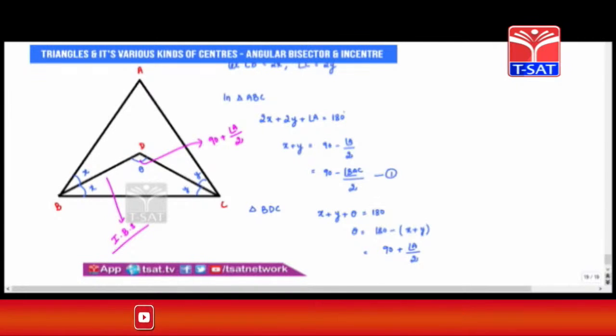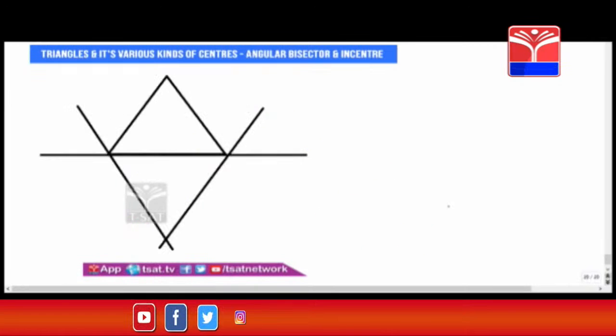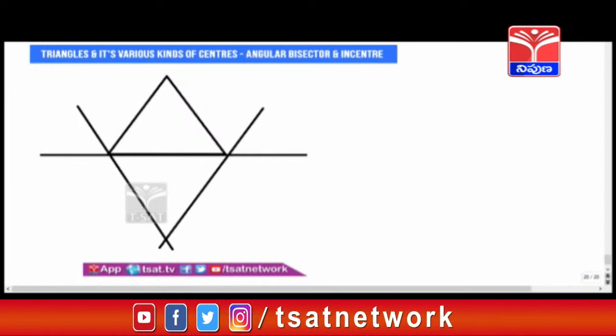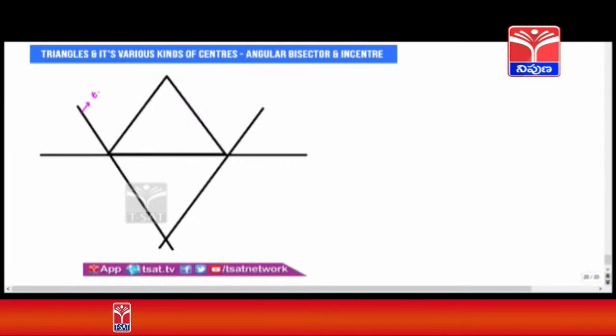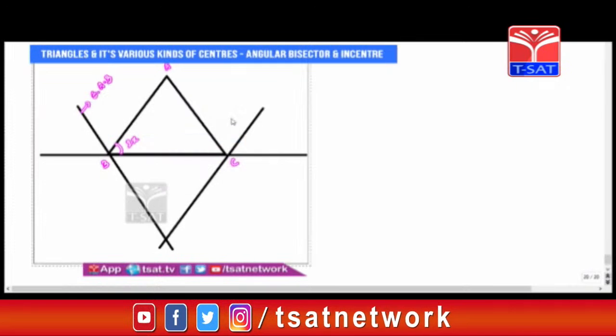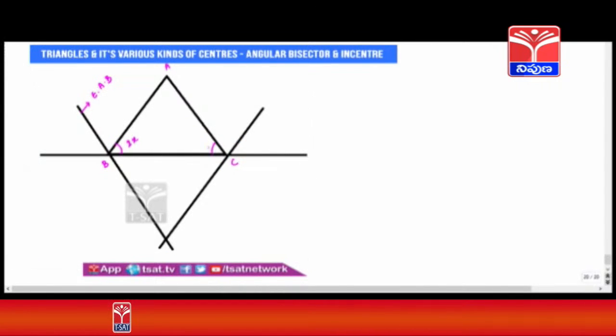Now I'll take two external bisectors. Here I am taking two external bisectors. These are external angular bisectors. We have already considered angle B as 2x, angle C as 2y. The remaining angle here is 180 minus 2x.